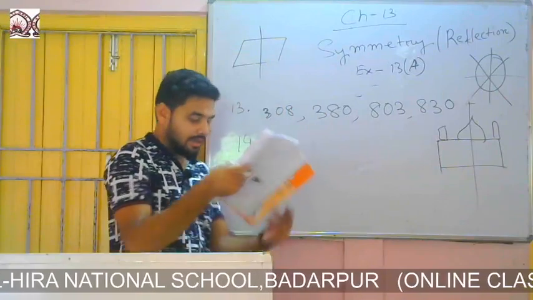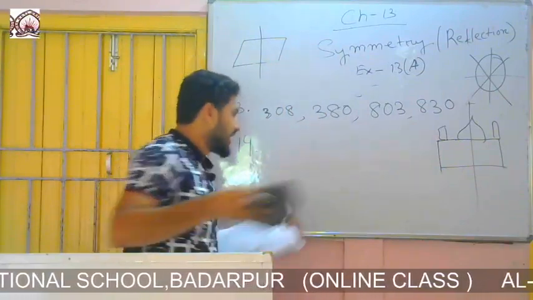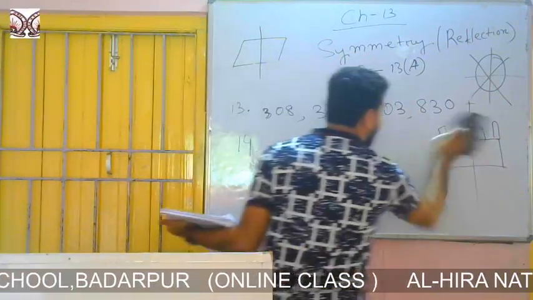So write like this. We can divide Rashtrapati Bhavan vertically.